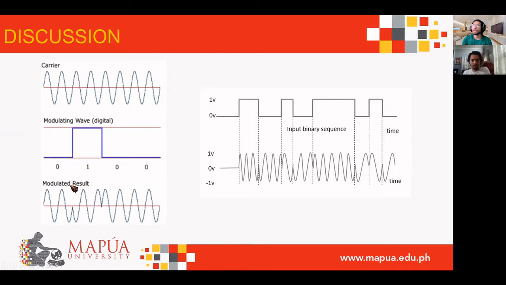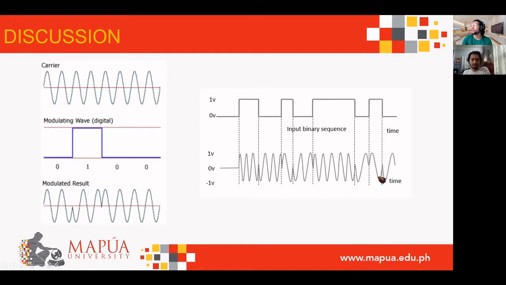Then the output is a modulated signal, in which at every transition of the pulse, the phase is reversed. You can see in the modulated output signal, at the transition in reference with the pulse, the phase is reversed, then going back to the original waveform.